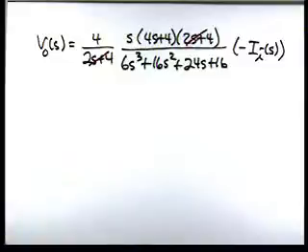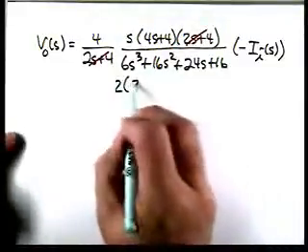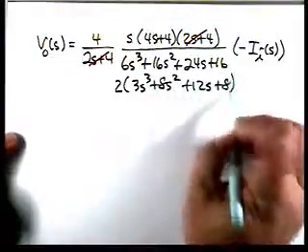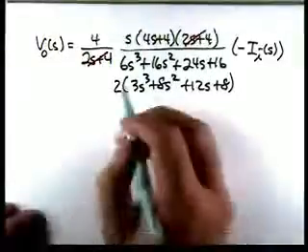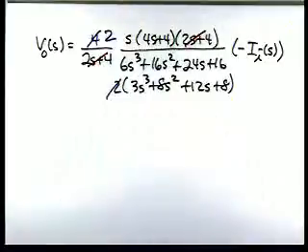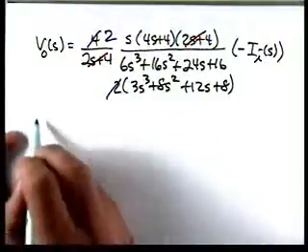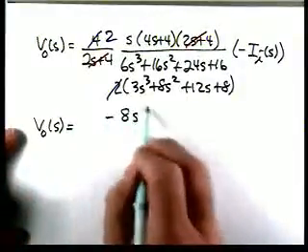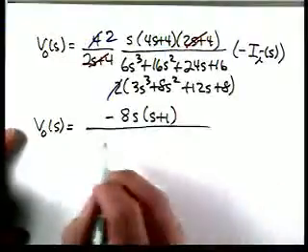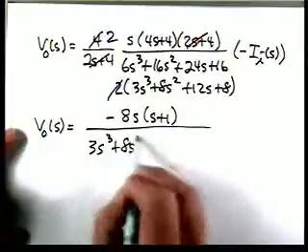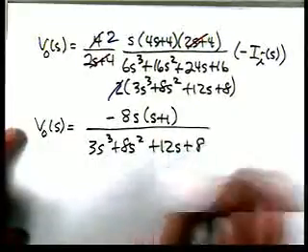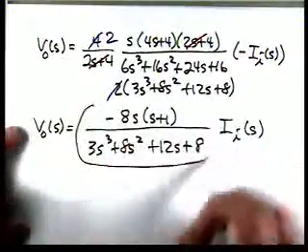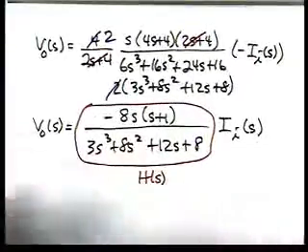So if we rewrite this as 2 times 3S cubed plus 8S squared plus 12S plus 8, then we could cancel a 2 out down there, and V0 then is minus 8S times S plus 1 over 3S cubed plus 8S squared plus 12S plus 8 times I sub I. Now, this quantity here is H of S.